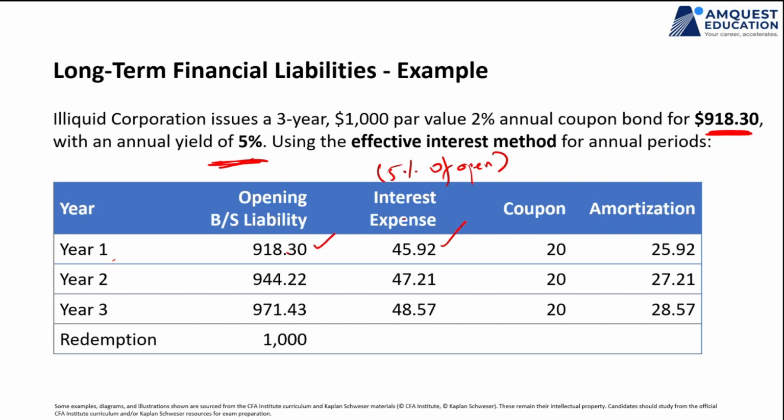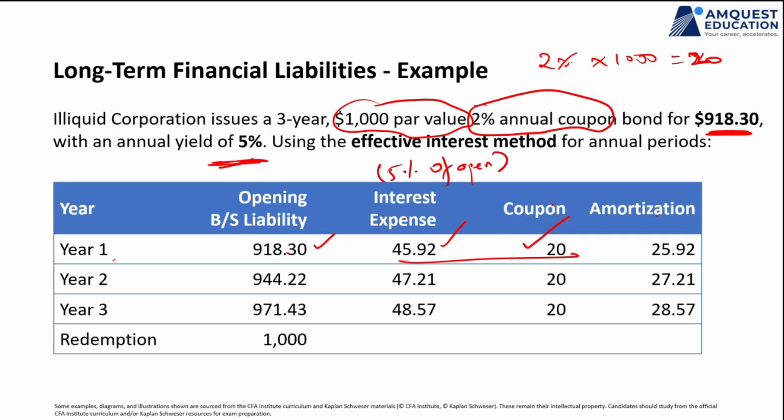When in year one, you have to pay a coupon of $20. Why $20? 2% annual coupon, $1,000 face value. So 2% of $1,000. $20 coupon is what you're going to pay. And therefore, there is an amortization. The amortization is basically the difference of the two.